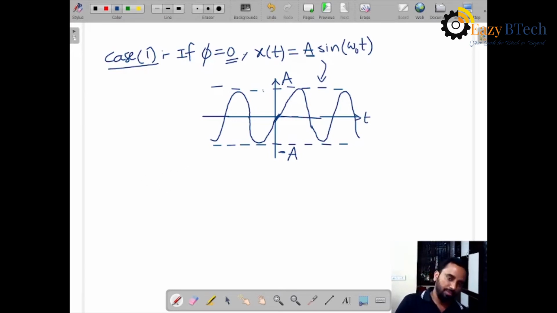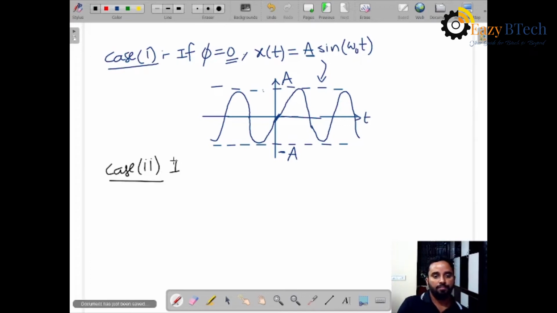Case 2. If phase is positive, what is case 2? Phase is positive. If phi is positive, like pi by 2 or 90 degrees, pi by 4 or 45 degrees, plus positive.